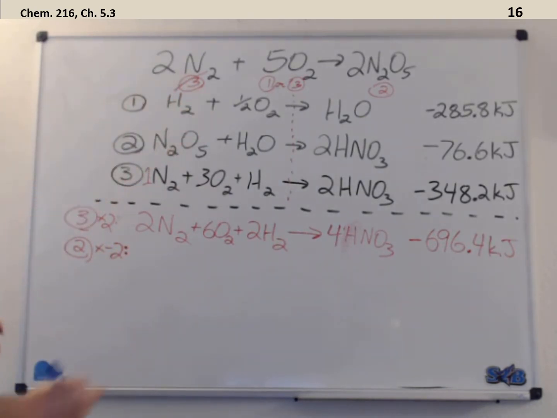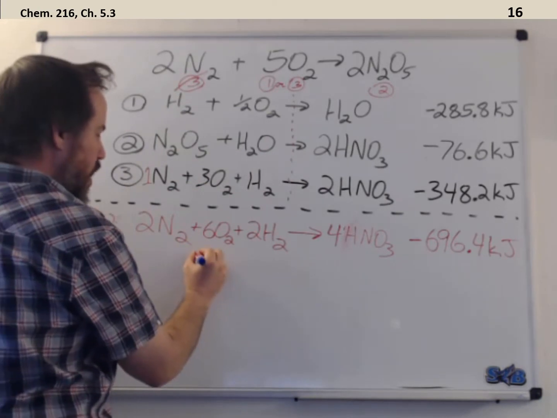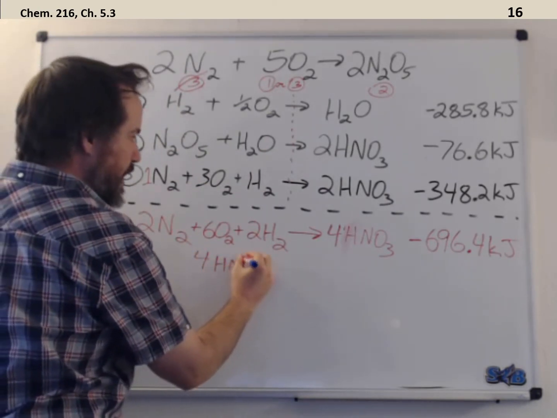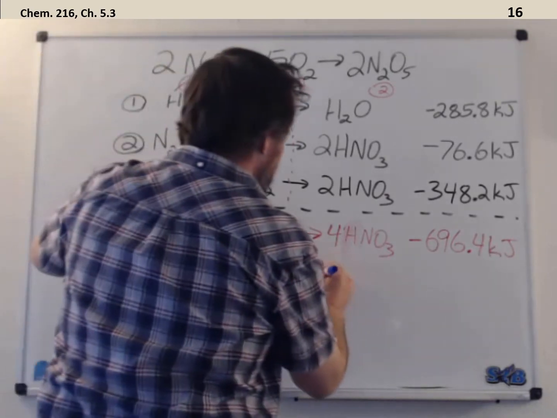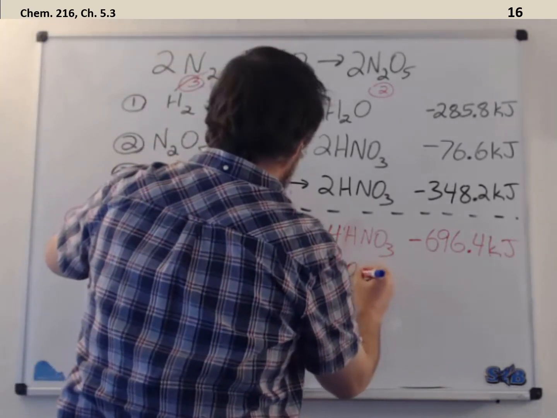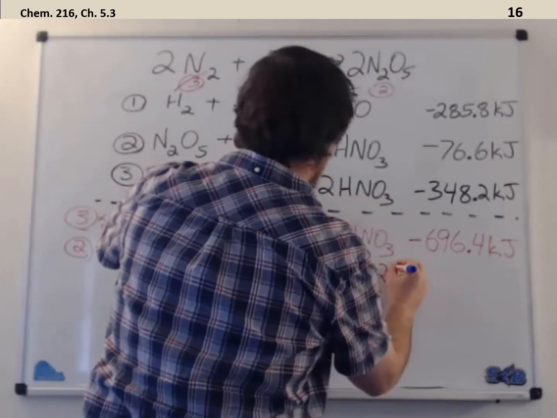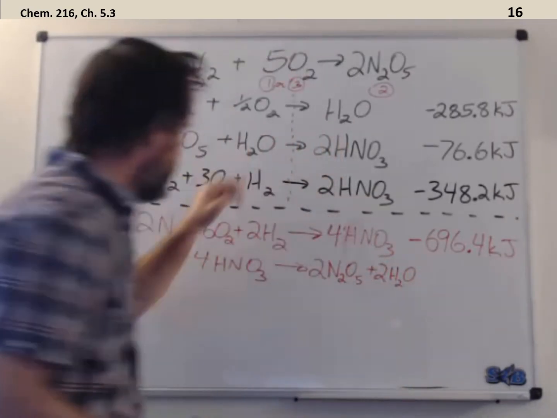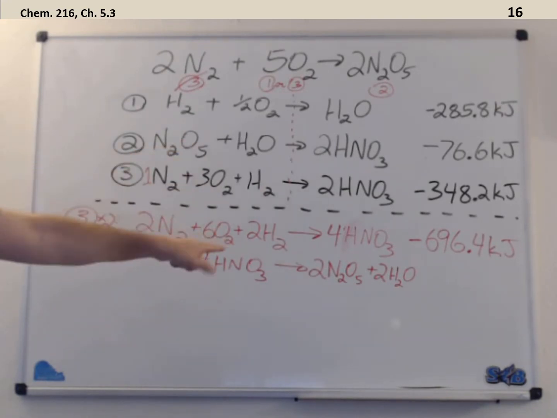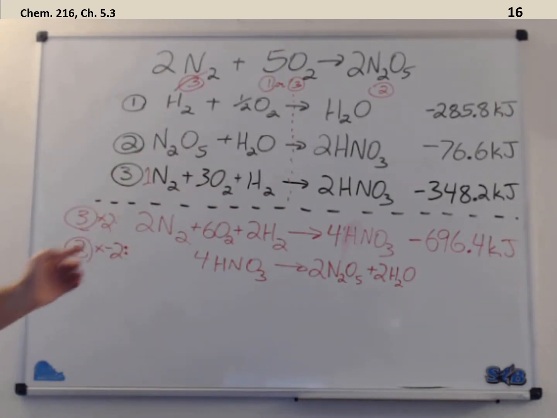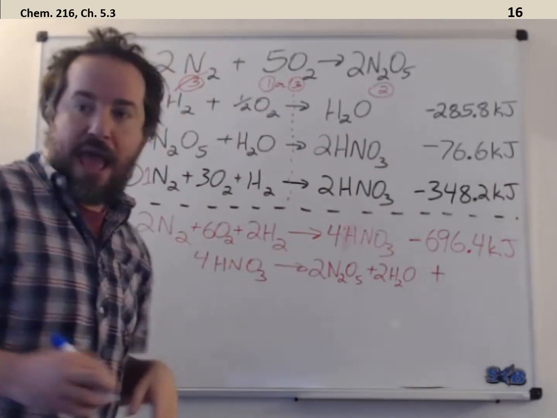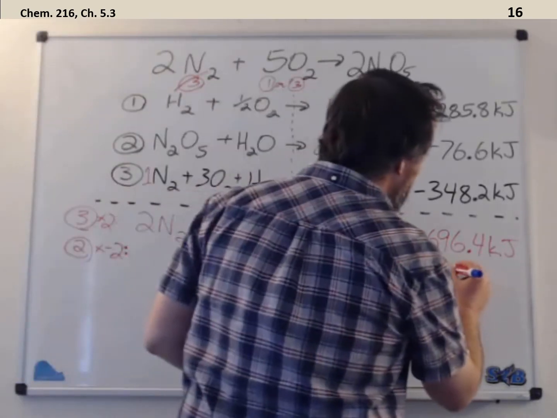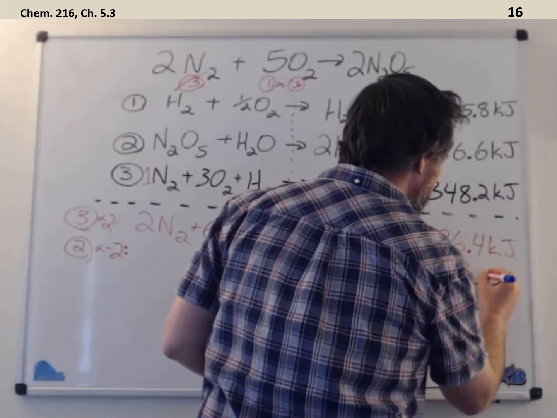That's going to get me 4HNO3 going to form 2N2O5 plus 2H2O. Seeing that I reversed this, it now becomes positive, and I'm going to get twice as much, so that's going to be 153.2 kilojoules.